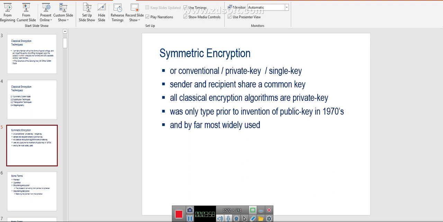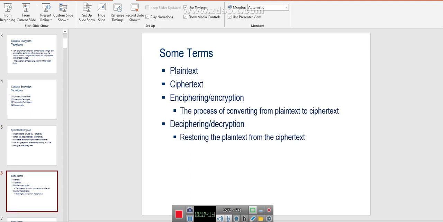In this module there are some terminologies or words that we're going to be encountering as we go on. So it is imperative for us to define some of these terms and understand what they mean.